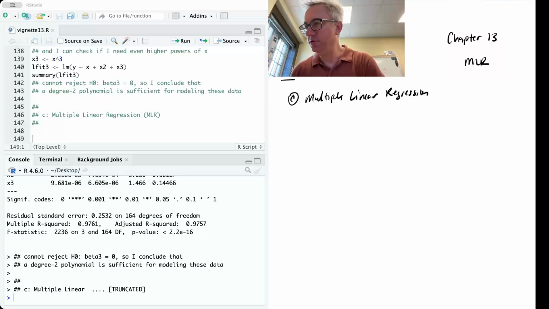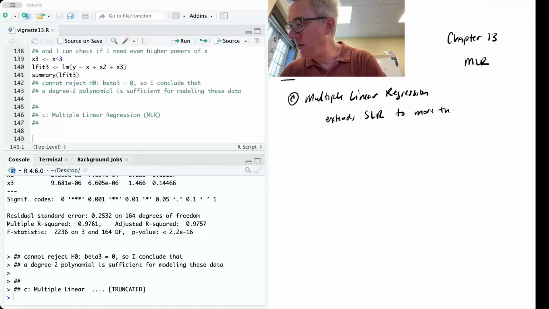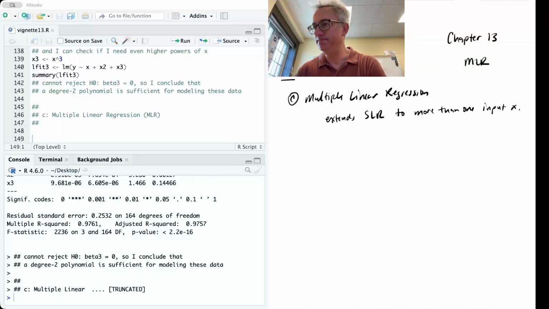Okay, multiple linear regression, or MLR, extends simple linear regression from chapter 7 to more than one input x.